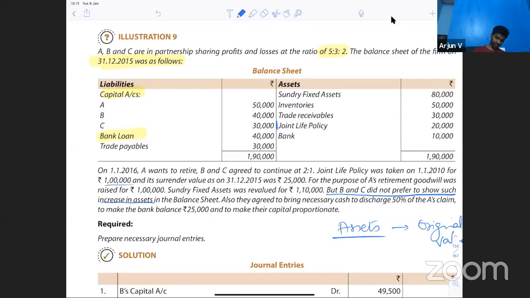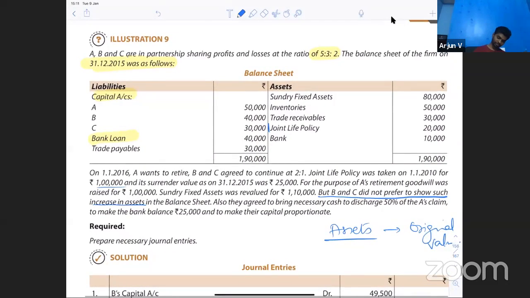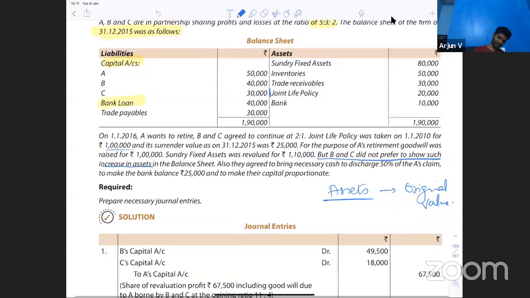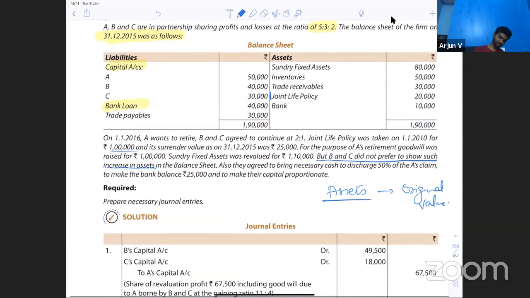Right, guys, see here, which are the assets which are increasing? The asset which is increasing is only one asset, which is 1,10,000, which is from 80,000.